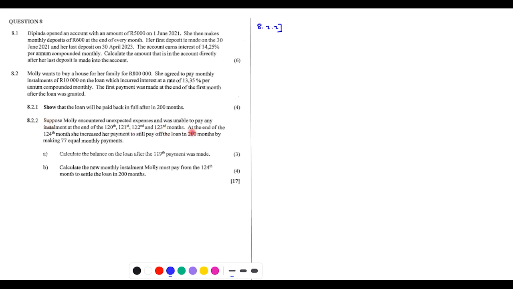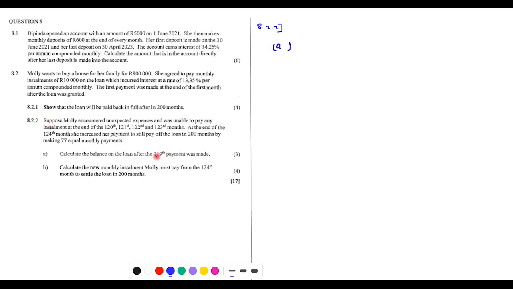At the end of the 124th month, she increased her payment to still pay off the loan in 200 months by making 77 equal monthly payments. All right, cool. So now the question is this: calculate the balance on the loan after the 119th payment that was made.